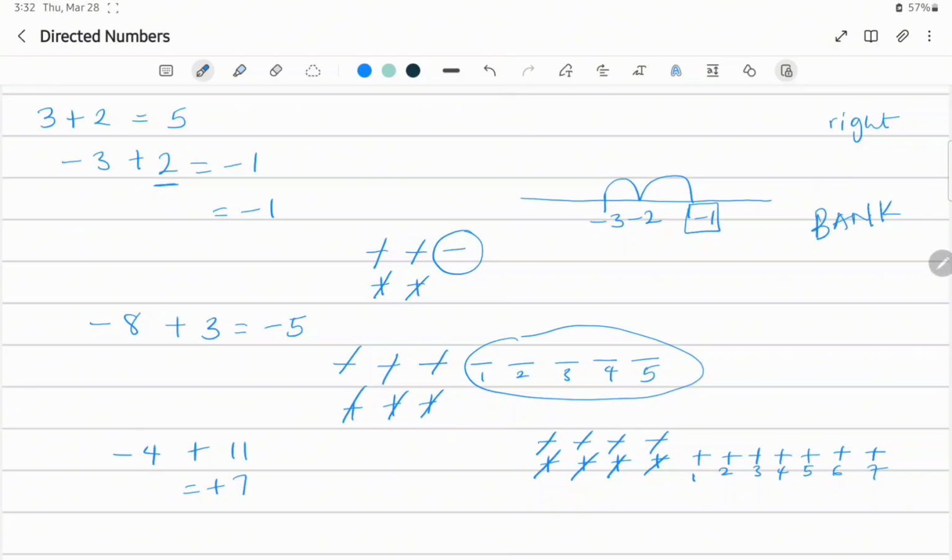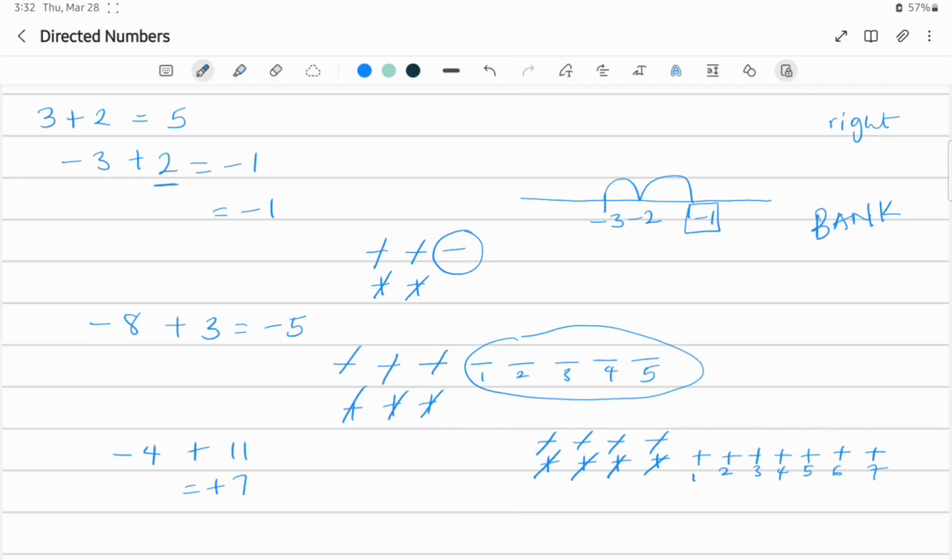And it's quite simple. Whenever you have a negative, you think of it as you going to the bank to take a loan. And whenever you have a positive, you think of it as you going to deposit a particular amount of money, or you have that amount of money in the bank.